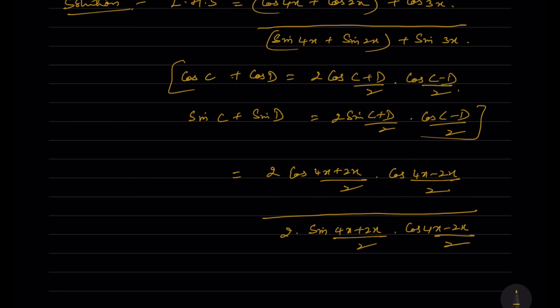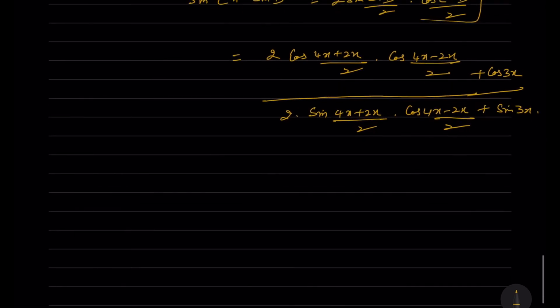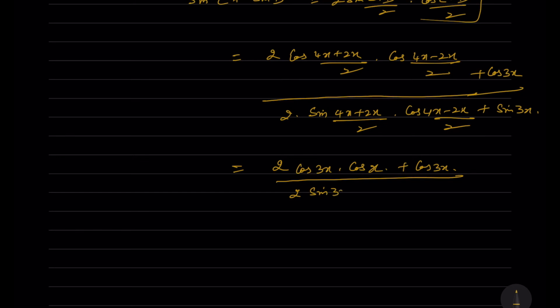Here you have in the numerator plus cos 3x, and here sin 3x. So this is equal to 2 cos 3x into cos x plus cos 3x, divided by 2 sin 3x into cos x plus sin 3x.